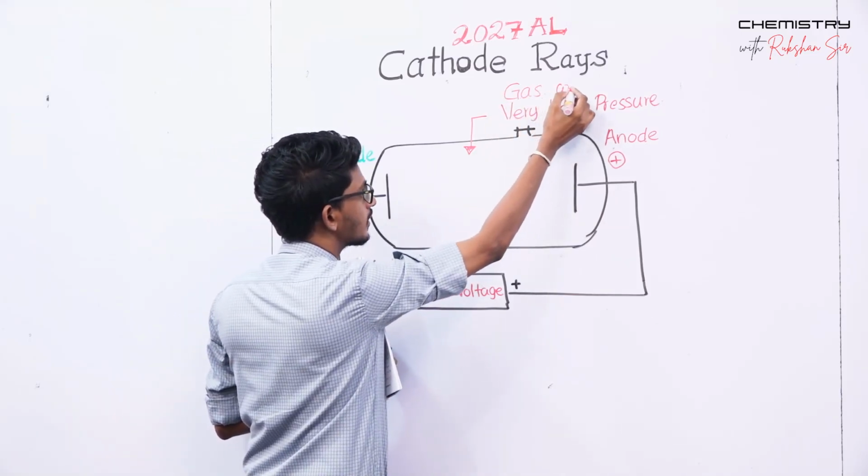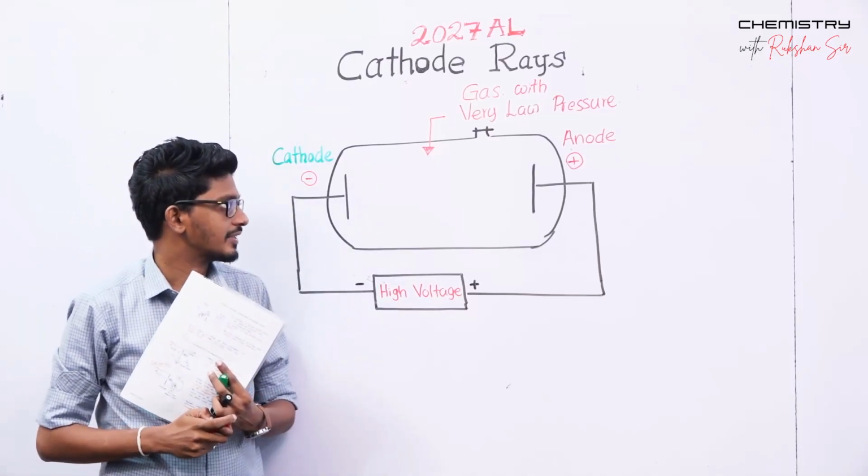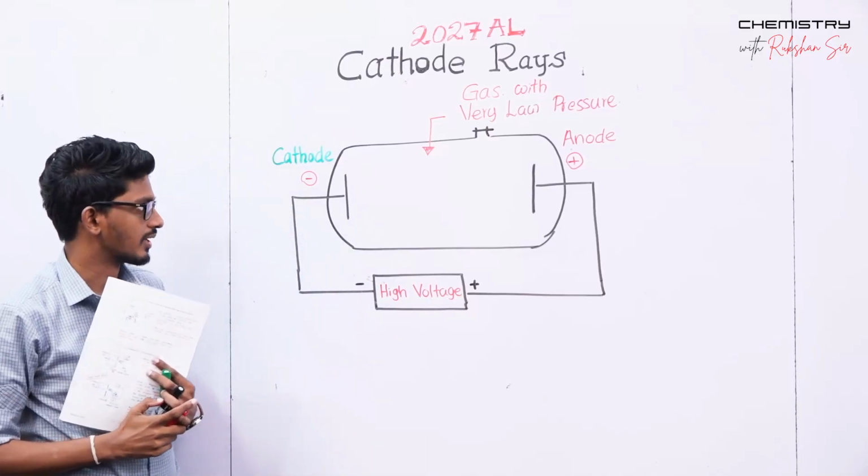So that was the experimental setup to observe the cathode rays, done by William Crookes.